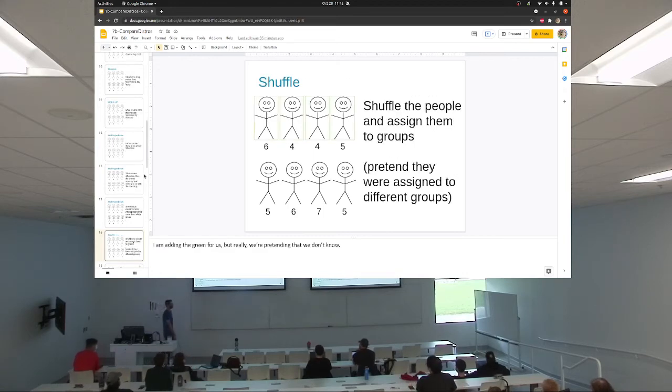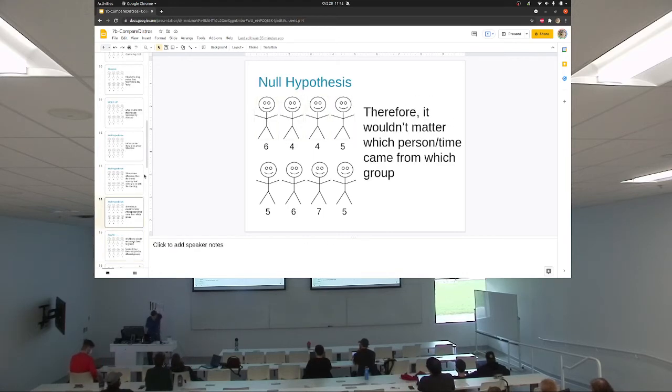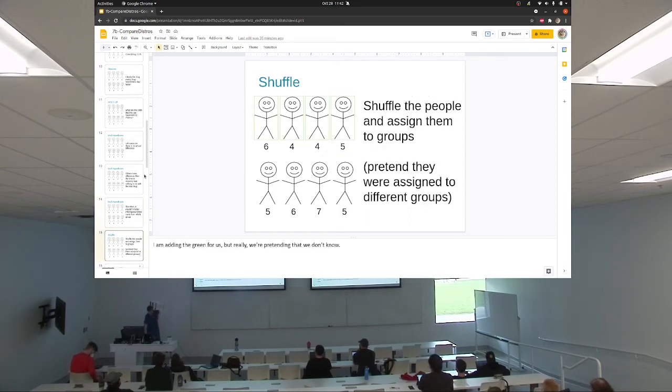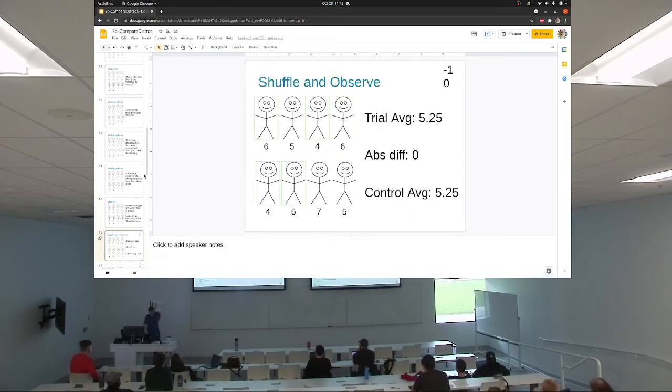So here's what we're going to do. We're going to take those people and we're going to shuffle them. It's kind of hard to see, but the ones with the green box were those that were actually in the drug trial group, and the ones without the green box are those that took the placebo. I'm pretty sure. Either way, one way or the other.